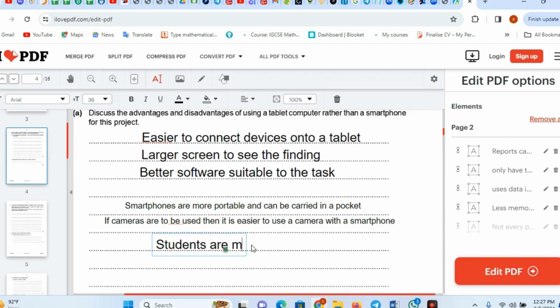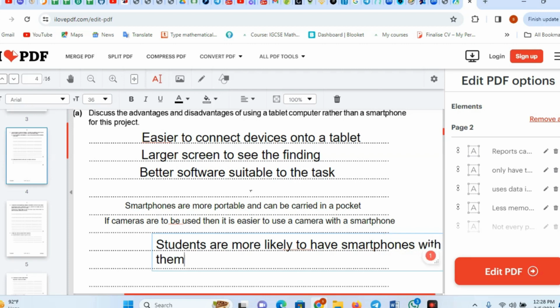Students are more likely to have smartphones with them.